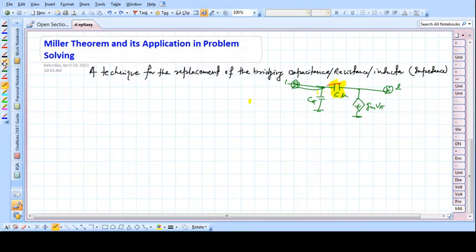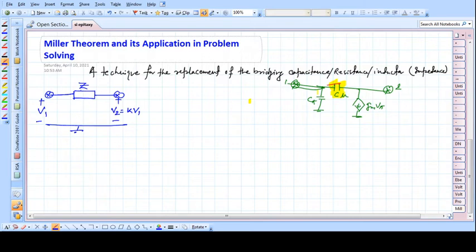For example, for the very basic case I am just drawing an impedance, say Z, and this one is grounded, and this voltage is V1 and the other side voltage is V2, and the amplified voltage is K times V1.